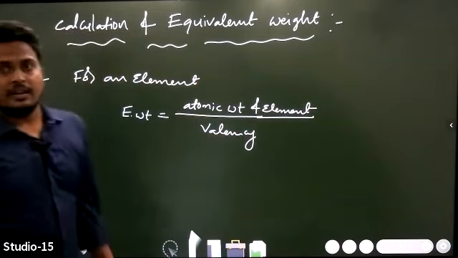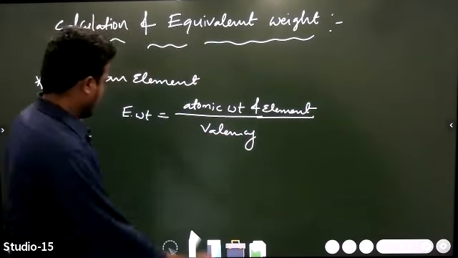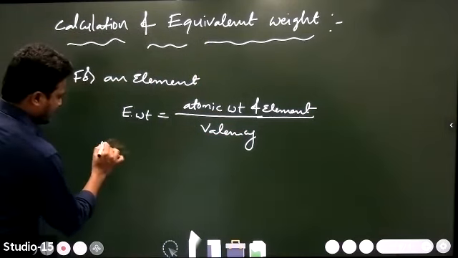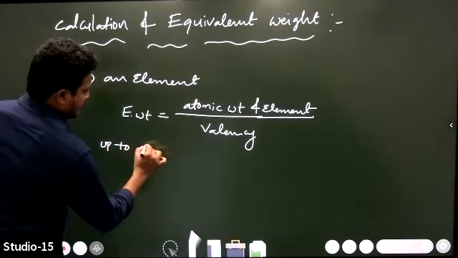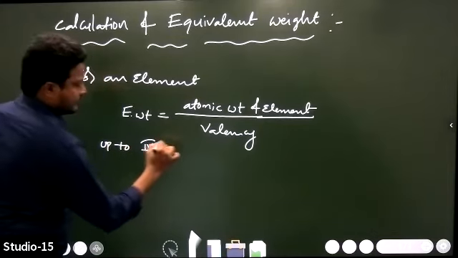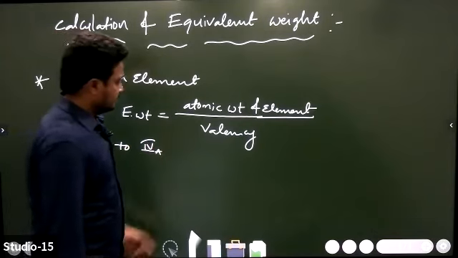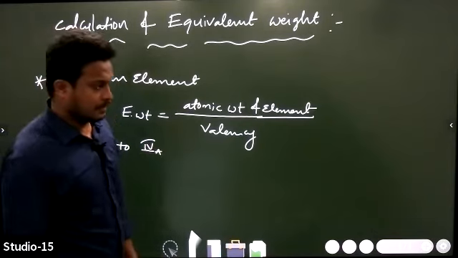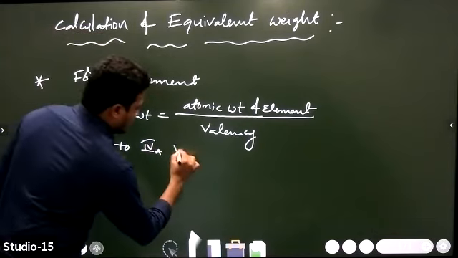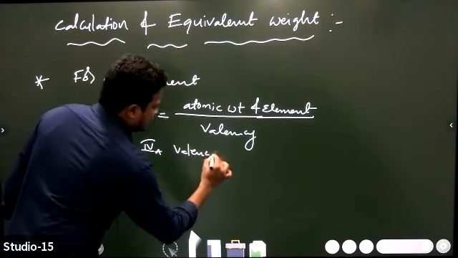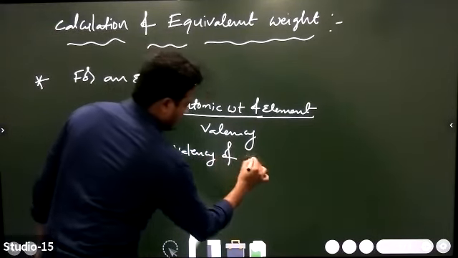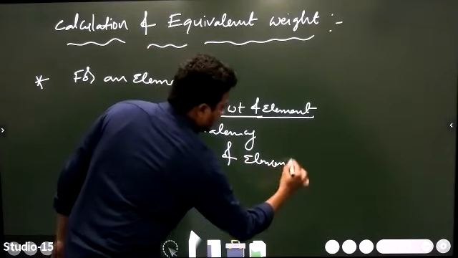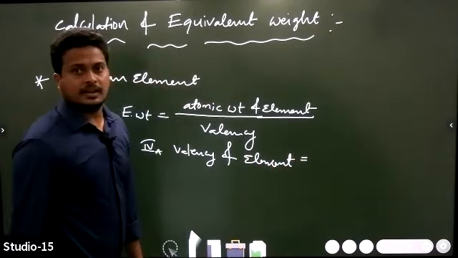What is the valency of a given substance? How can we calculate the valency of elements? Up to fourth A group, the valence of an element is equal to its group number.